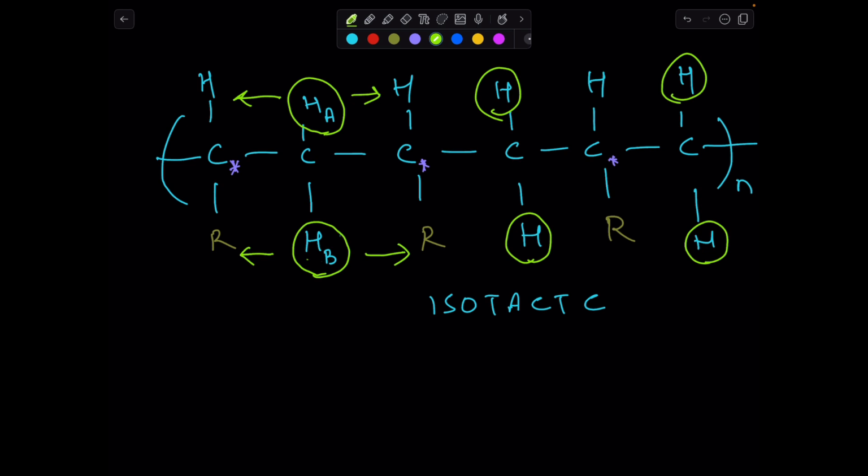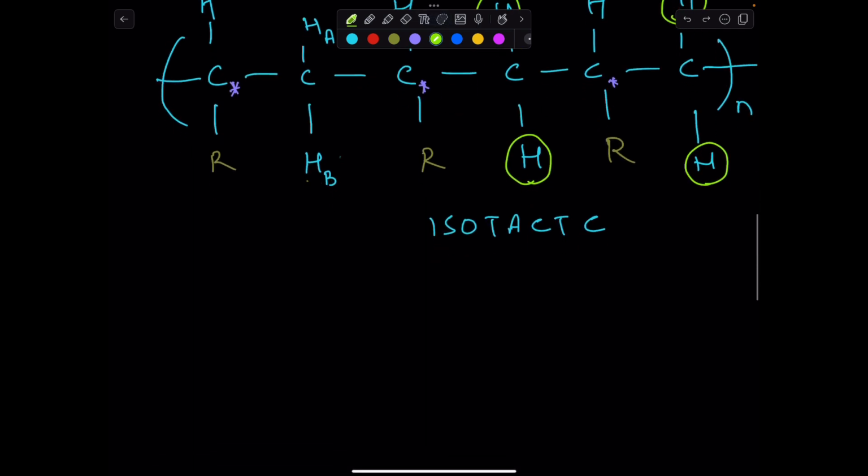So hydrogen B and hydrogen A are not equivalent from an NMR perspective. So HA and HB will give different peaks, and HA will split because of HB and HB will split because of HA. So we will get two doublets for the methylene groups.